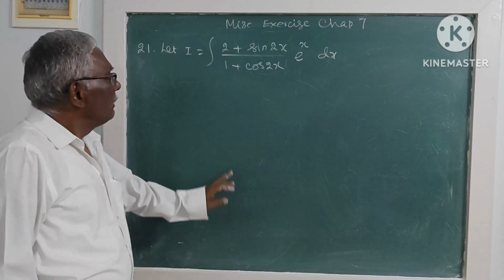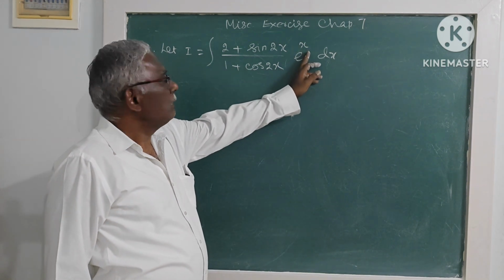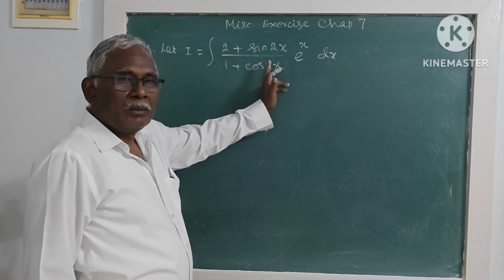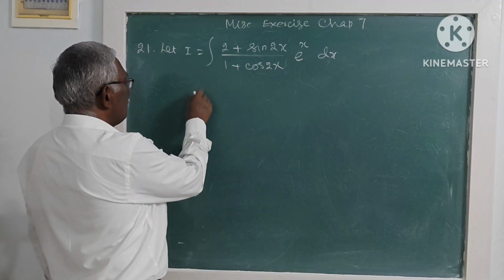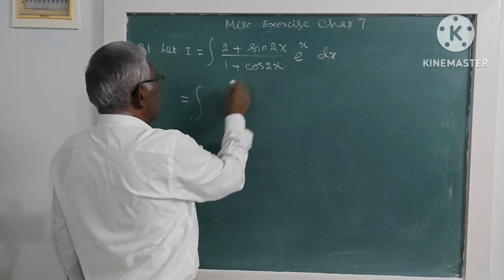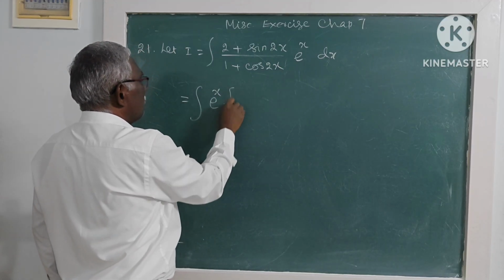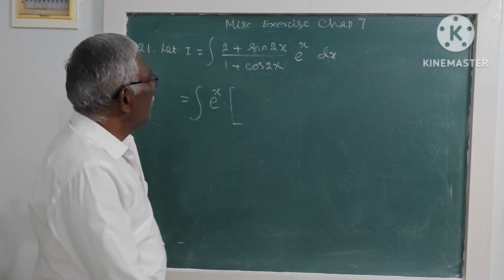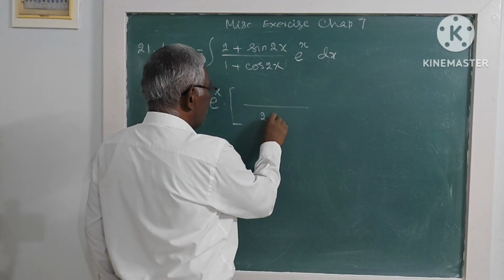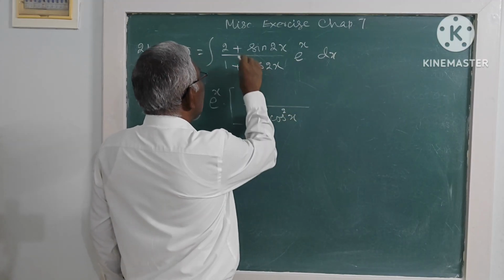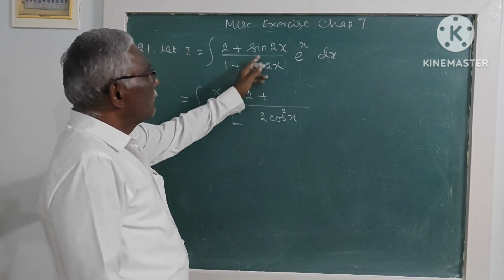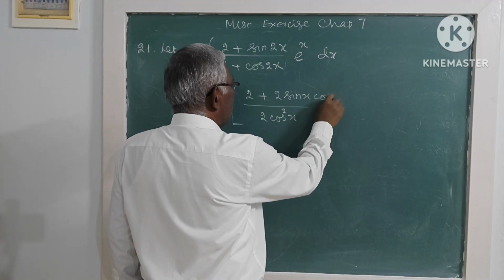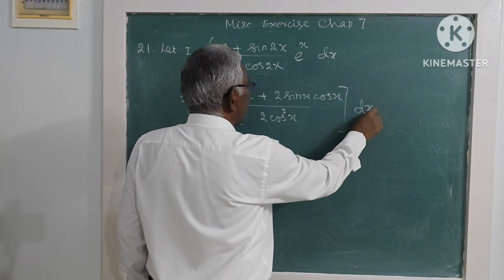So this is the answer. So in this problem e power x is there. Then we have to see whether this can be written in the form of f of x plus f dash x form. So for that, e power x, we can write the denominator 1 plus cos 2x is 2 cos square x, and sin 2x is 2 sin x cos x, dx.